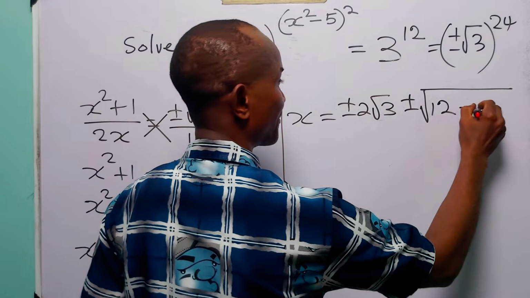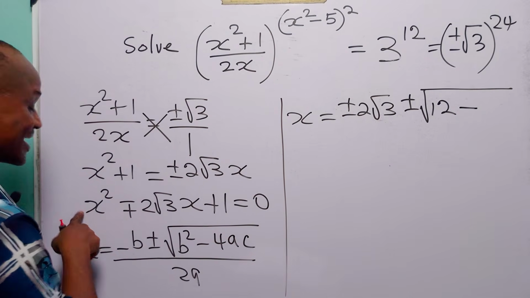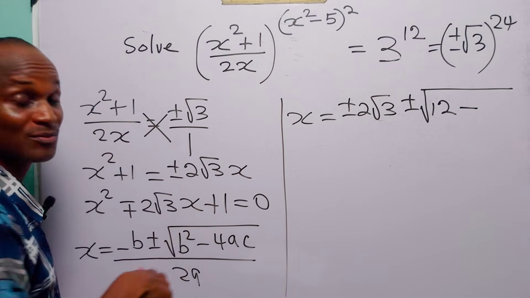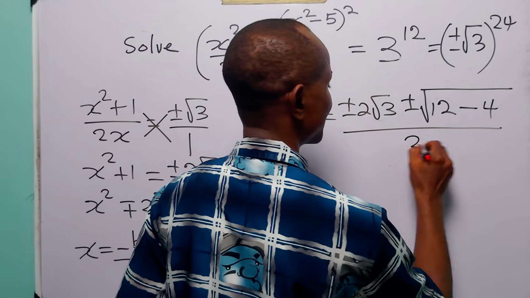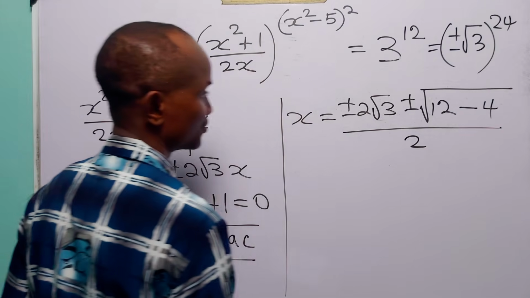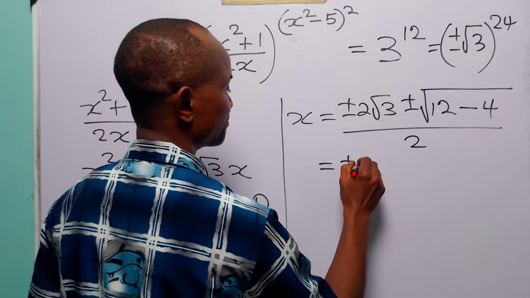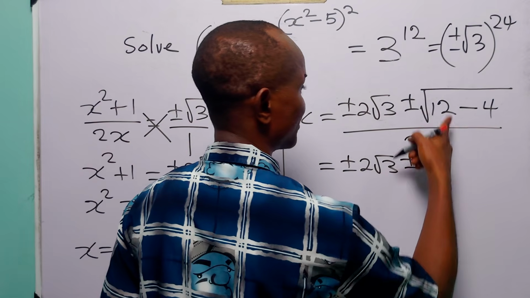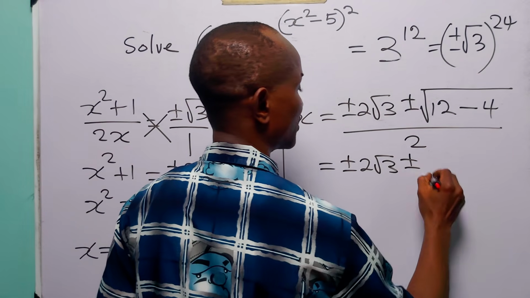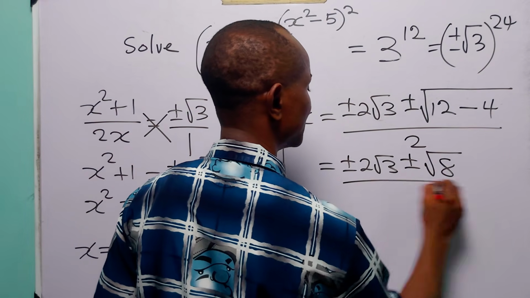Then we have minus 4 times a, which is 1, times c, which is also 1. So here we have 4, divided by 2 times 1, which is 2. Now this is equal to plus or minus 2 root 3 plus or minus the square root of 12 minus 4, which is 8, divided by 2.